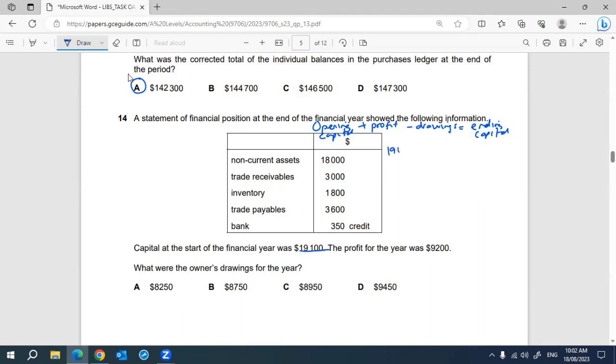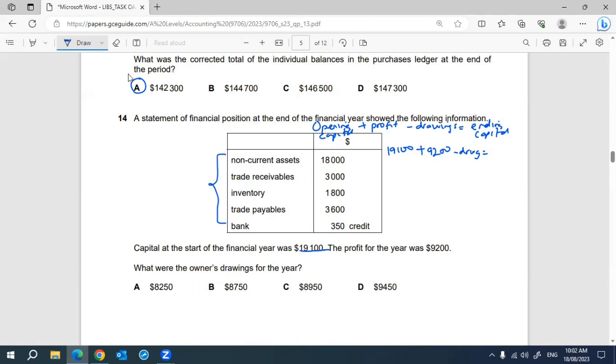So this will be the opening capital, 19,100. The profits is given as well, 9,200. Now, we need to work out the drawings. Now, as for the ending capital, we need to work this figure ourselves using what we see in this table.